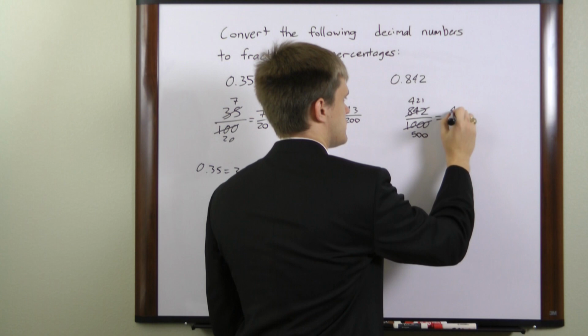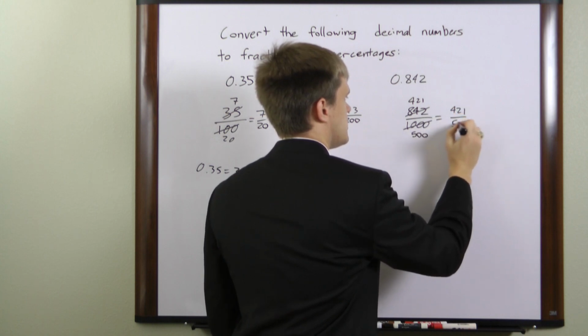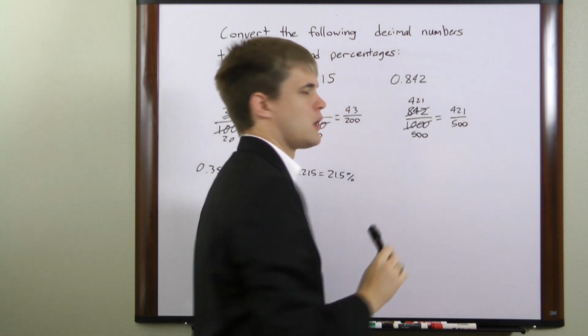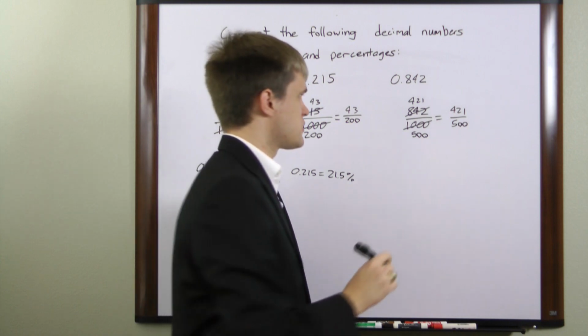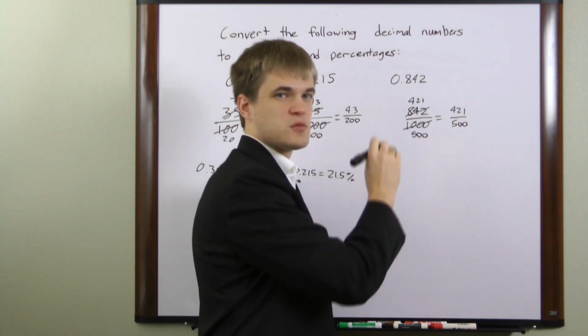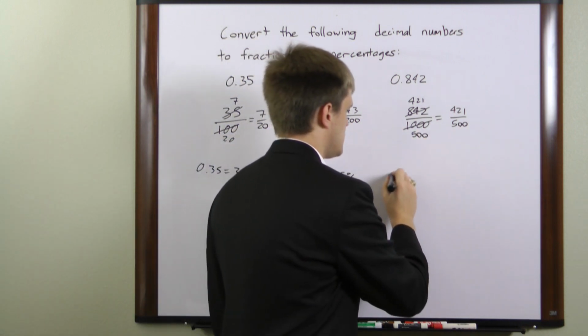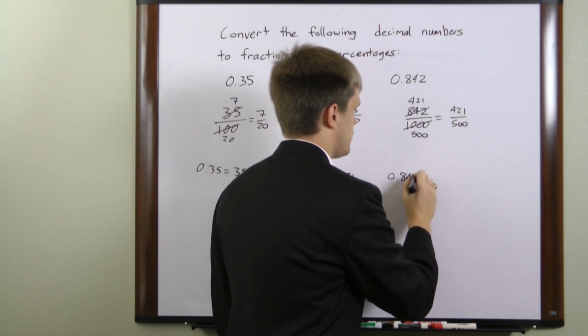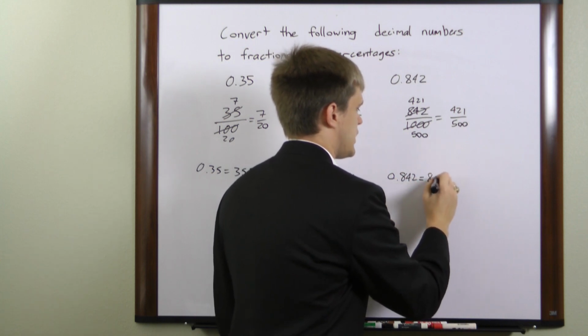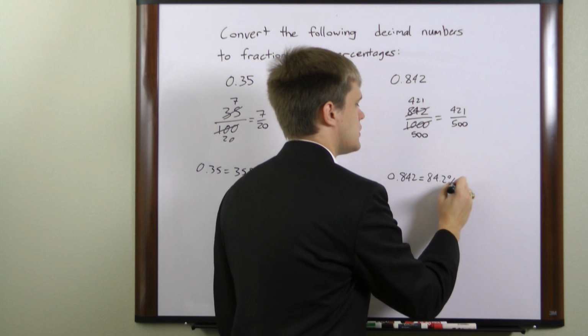So this fraction reduces to 421 over 500. To convert to a percentage, once again, we'll just move the decimal point 2 places to the right. So 0.842 is equal to 84.2%.